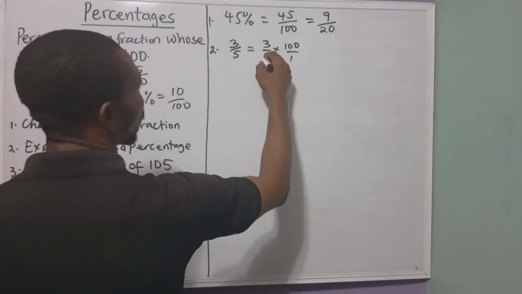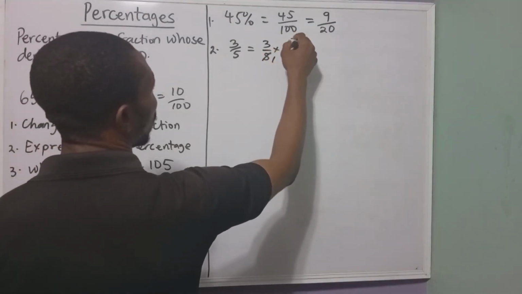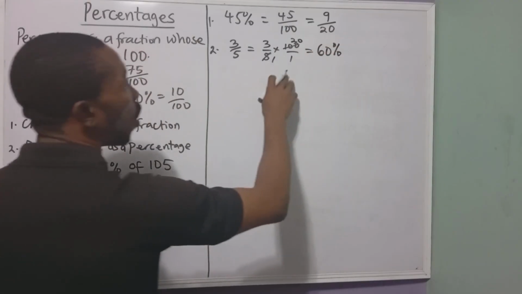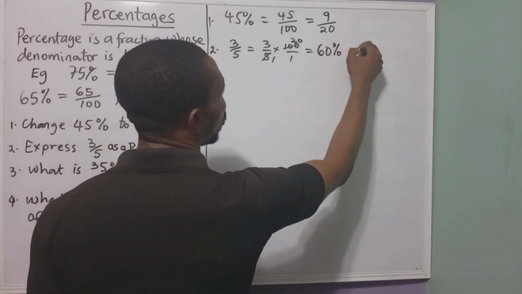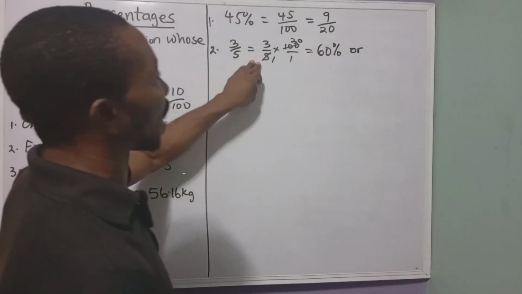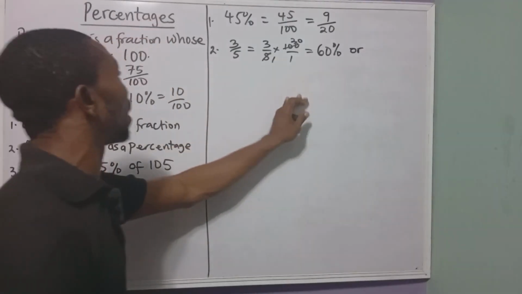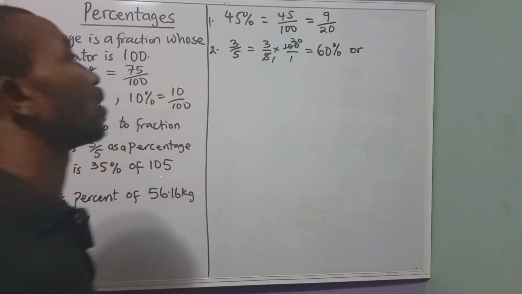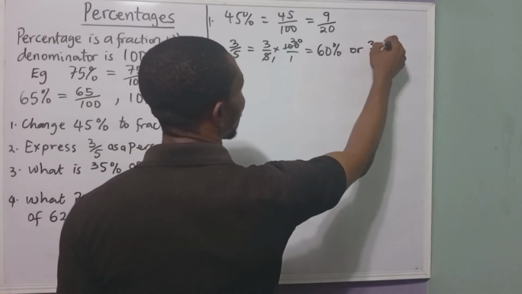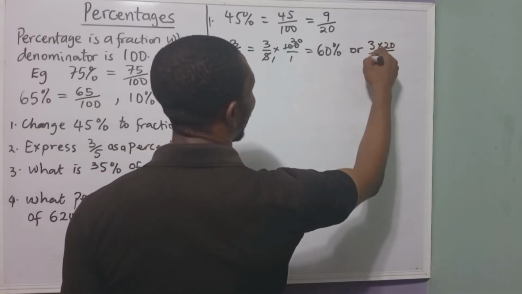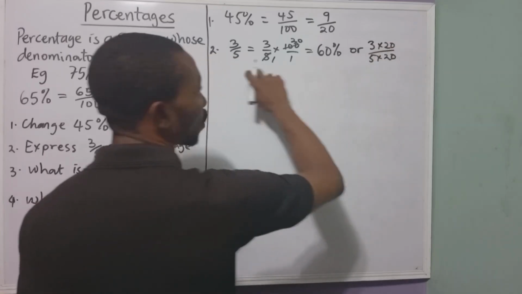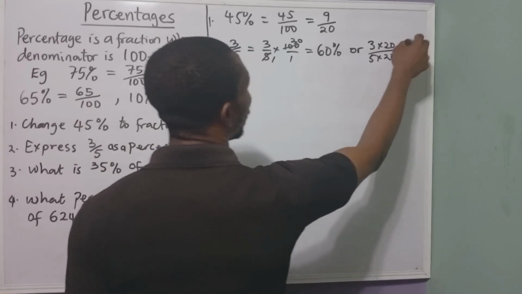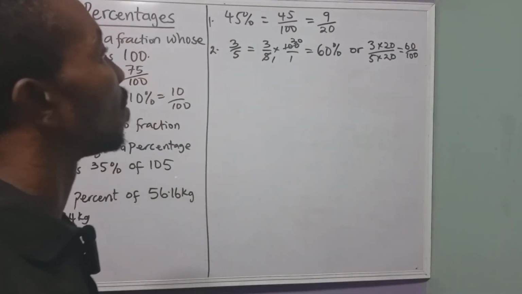This gives us 5 into 5 is 1, 5 into 100 is 20, which gives us 60%. Or, to ensure the denominator is 100, we can turn it around to be 3 times 20 all over 5 times 20. Since 5 times 20 gives us 100, we have 60 over 100, which is 60%.